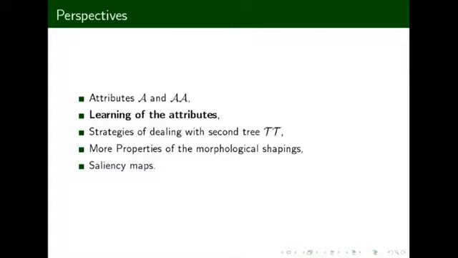There are a lot more things that can be done, especially looking at different attributes. What's the difference between the attribute on the first tree or the attribute on the second tree? Something that I find very promising is to learn the attribute. Here we use for roundness some very classical measure, but maybe you can learn what is round from examples. And in that case, it's totally automated.